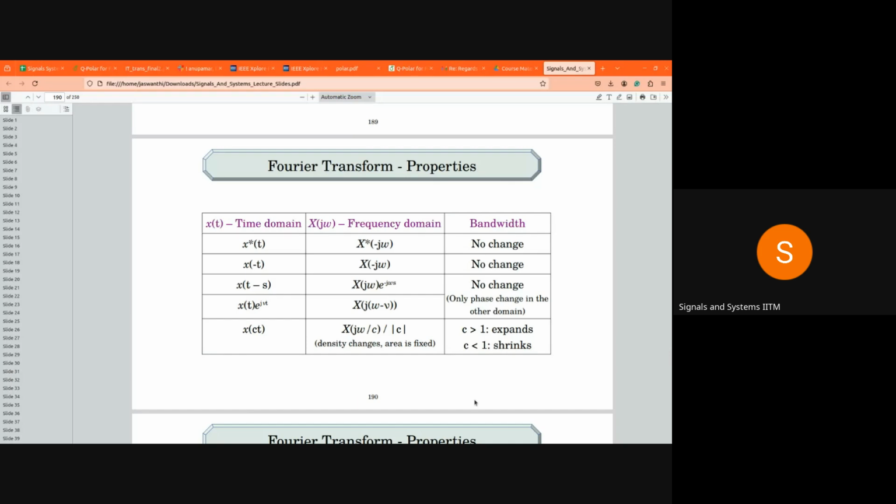Formulas for coefficients, okay. Fourier transform properties. Let me share my screen so that you can let me know if that is what you are having doubts with. Could you see my screen?